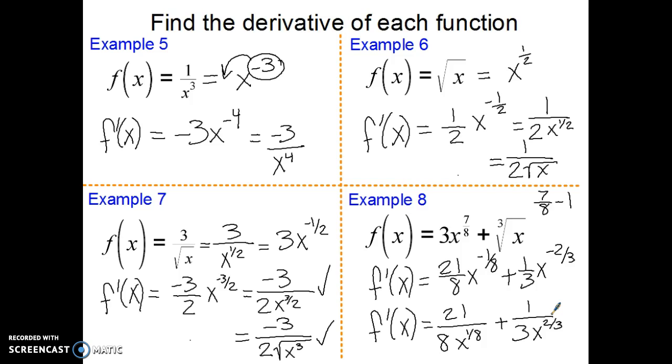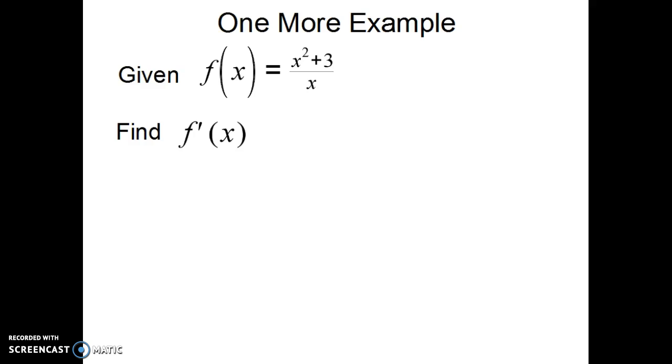There is one last case I want to look at, and that is when there's a little more simplifying to go along before we can start to find the derivative, other than just rewriting in x to the n terms. In this case, we're actually going to want to split this up into 2 separate terms before we try to take the derivative, which means we're going to have to divide each of the terms in our numerator by this x.